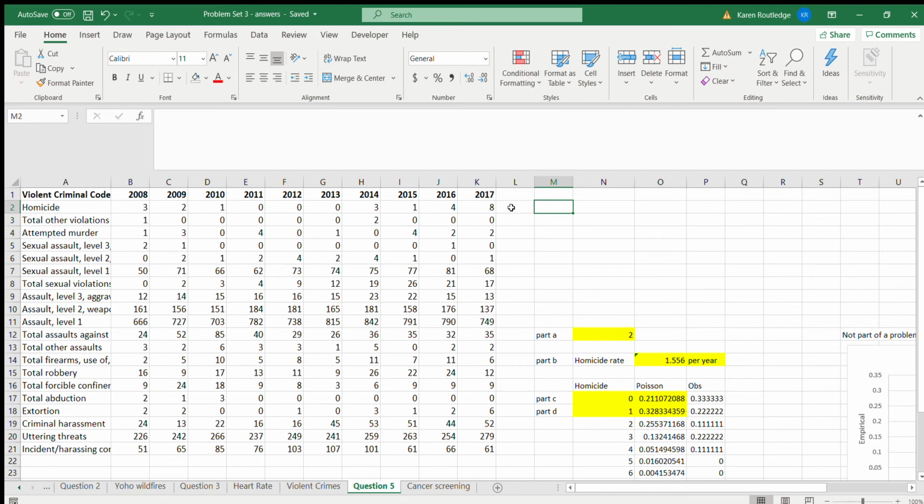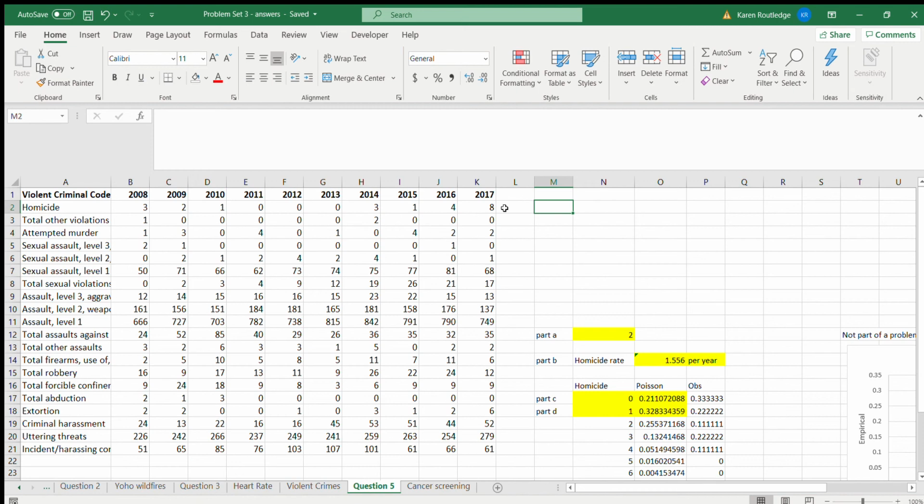On the other hand, if based on this particular rate and the Poisson distribution, it was unlikely for us to see 8 homicides, then it suggests that, at least in 2017, this rate is not correct. That something changed between before and 2017 that led to a higher homicide rate.